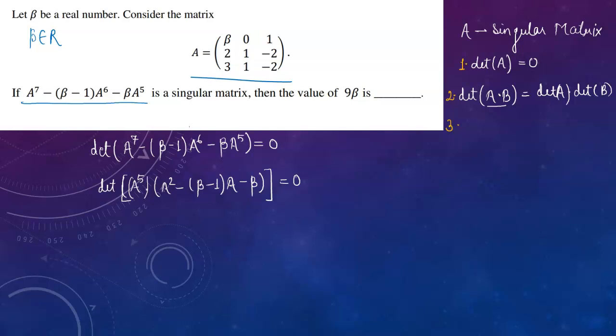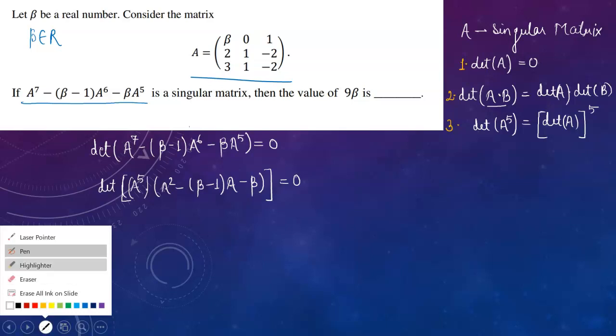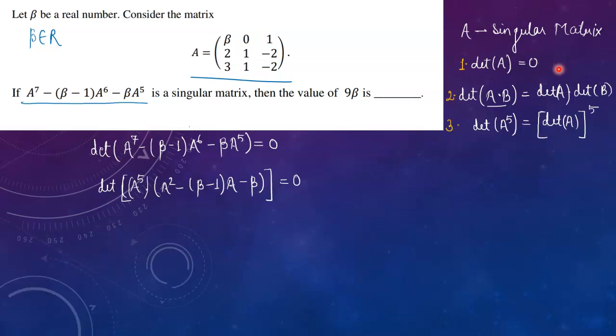Okay, and the third concept, which will be used further: determinant of A to the power 5 will be the same as determinant of A whole to the power 5. These all three properties are going to be used here.